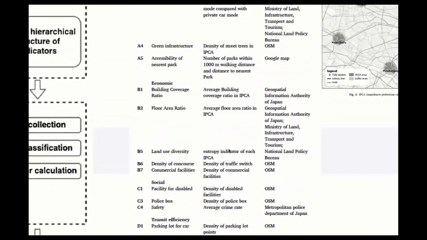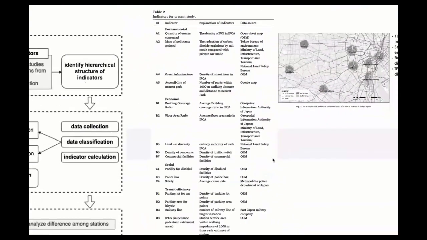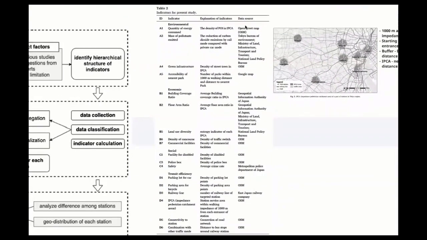For each one, they have a number of different indicators, and their data sources come from both the official sources from Tokyo and also OpenStreetMap. You can see they used OpenStreetMap POI data many times to characterize the different facilities.